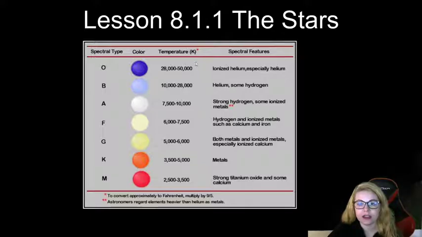You'll see that this is in kelvins, not Fahrenheit, which, if you recall from earlier this year, is another form of scientific temperature measurement that you may or may not be familiar with. It differs from Celsius and Fahrenheit. But this is just an example. You're not required to know this chart by any means or understand exactly what it means, but I just wanted to show you an example of just one of the few ways that scientists and astronomers are able to classify stars.